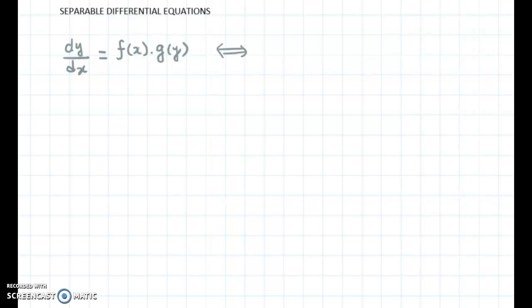Equivalently, we could write the differential equation in the form some function f applied to x divided by a function h applied to y. Those things are equivalent, just a matter of calling g what is f over h. So these are the equations that we call separable, and we're going to see how to solve them.